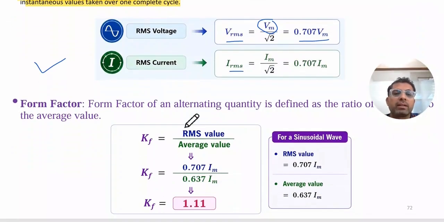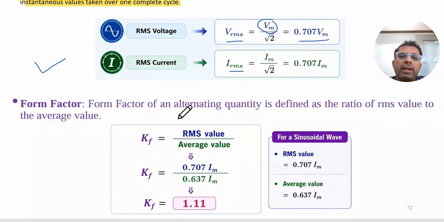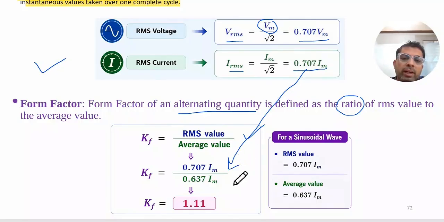Now what is form factor? Okay, so what is the form factor? The form factor of an alternating quantity is defined as the ratio of the RMS value to the average value. See here, RMS value divided by average value. So the RMS value we have calculated for the current is 0.707 Im, so I am taking that value over here.